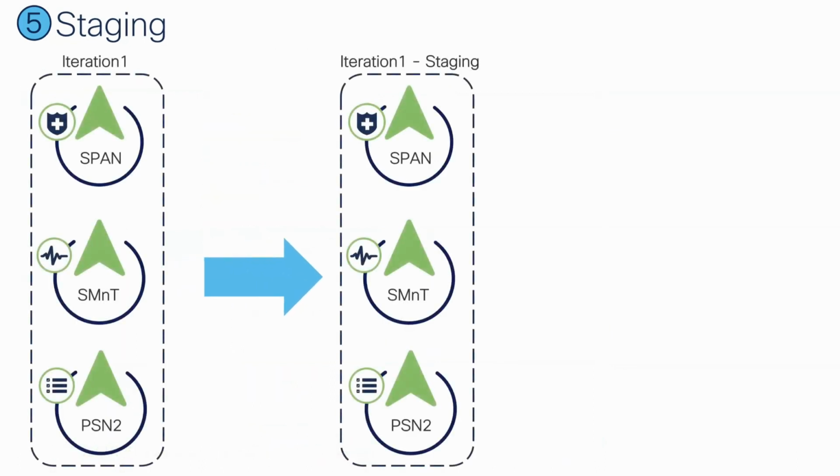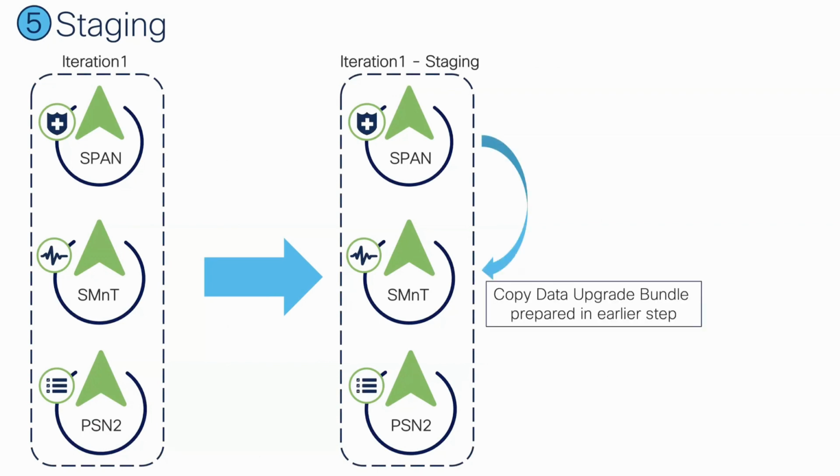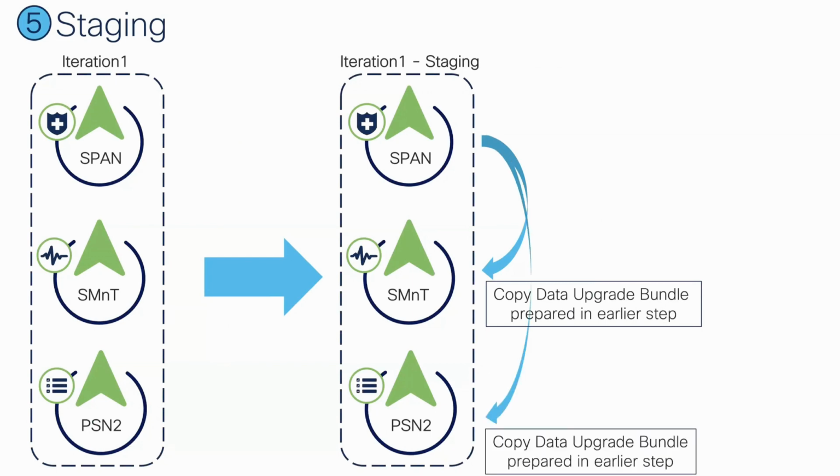That's what staging means. That was done as part of your earlier step, the fourth step itself, which was prepared on the SPAN. Now that SPAN, which prepared the data upgrade bundle, gets copied to the rest of the nodes in that iteration. That's what we call staging.